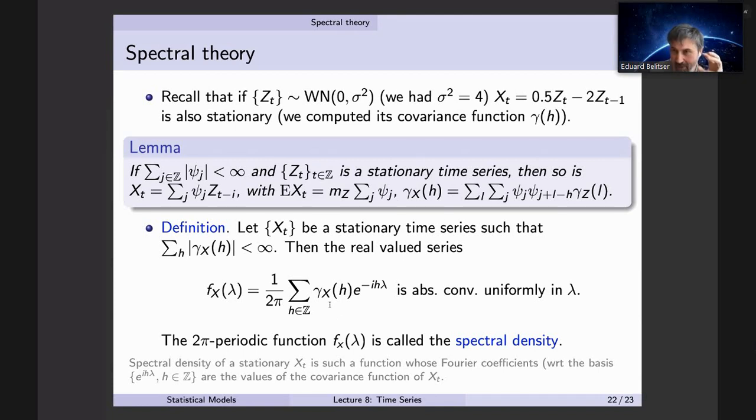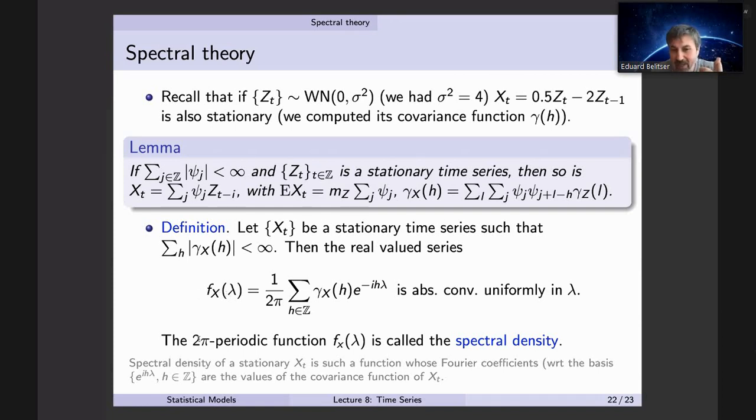So think of them as Fourier coefficients, Fourier coefficient times the basis function. It's a bit hard, maybe, but these values serve as Fourier coefficients with respect to the complex trigonometric Fourier basis. Then we get some function.